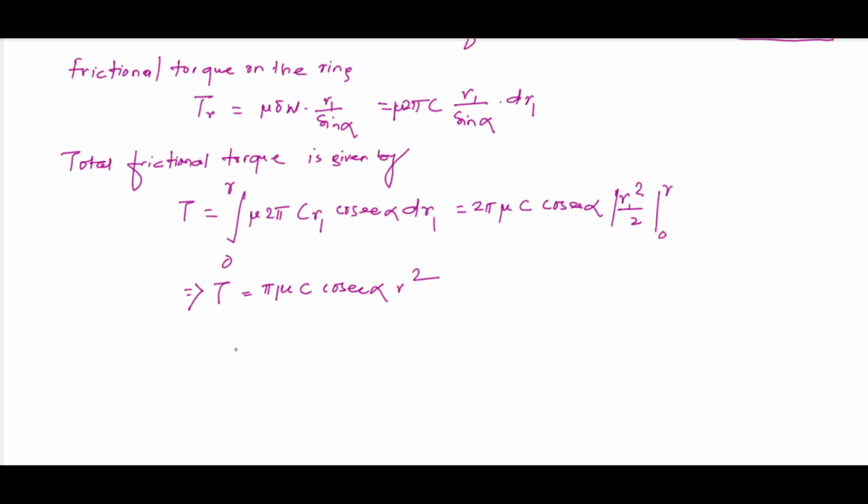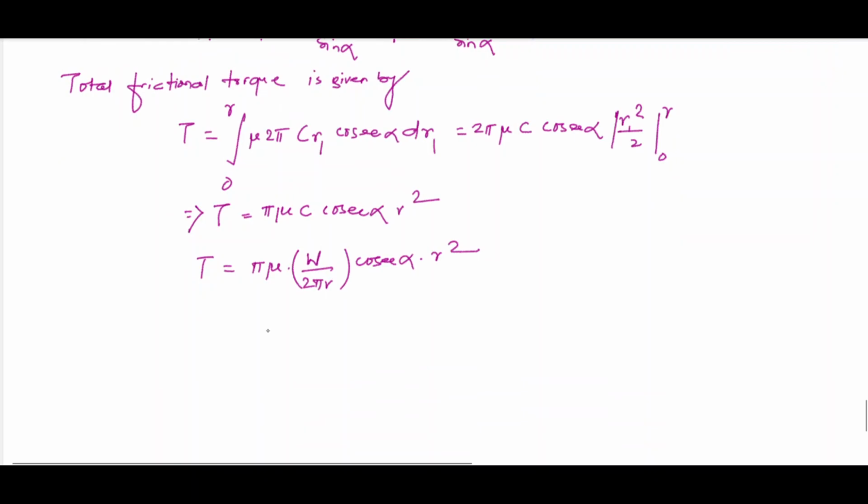Now you substitute the value of C, so this T will be pi mu W by 2 pi R cosec alpha R square, or we can say it will be half mu W R cosec alpha.